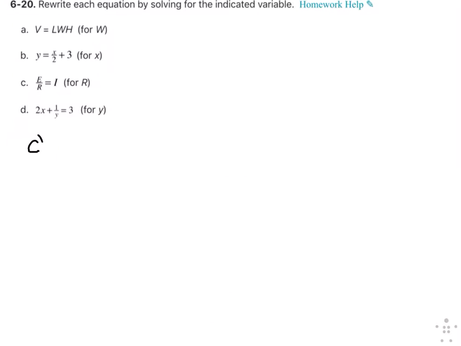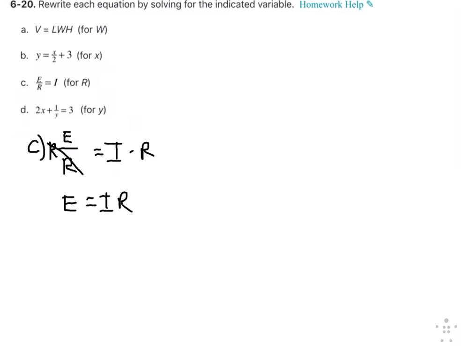So for C, we have E over R equals I, and we want to solve for R, right? If I multiply both sides by R, I get E, because these cancel, equals IR.